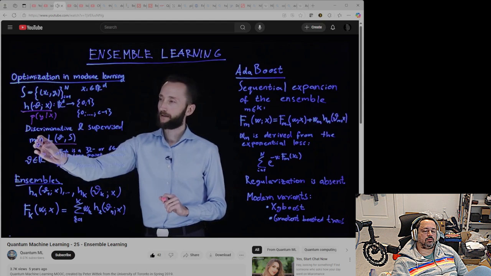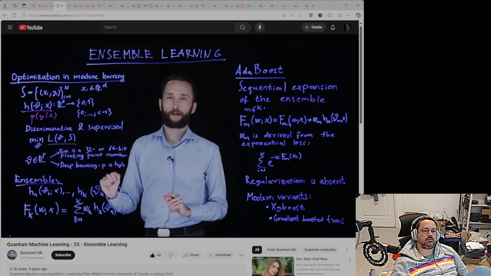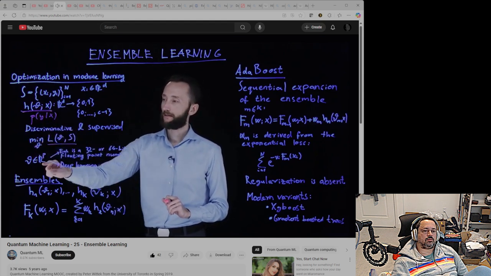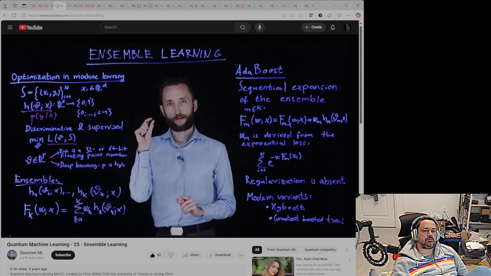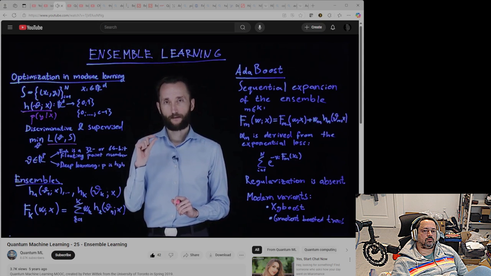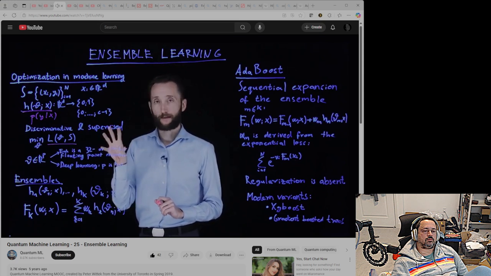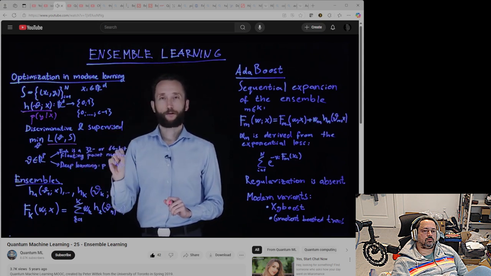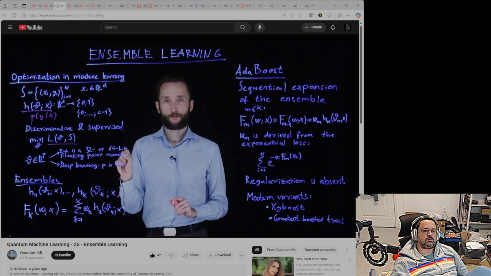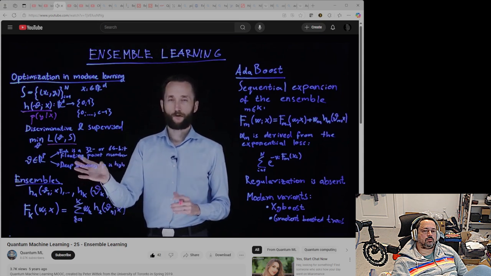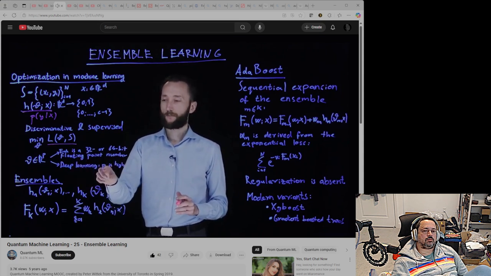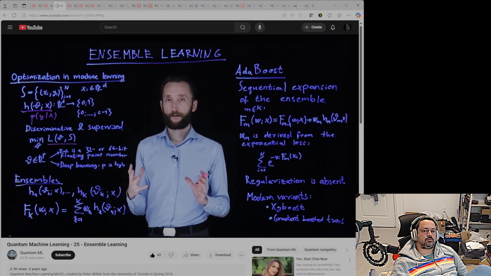And when you look at these theta parameters, they sit in some high dimensional space themselves. And each one of the entries of this theta vector is actually a 32 or 64-bit precision floating point number. That's how it is represented on a digital computer. And when we talk about things like deep learning, then this parameter space is extremely high dimensional. We are talking about millions of weights.